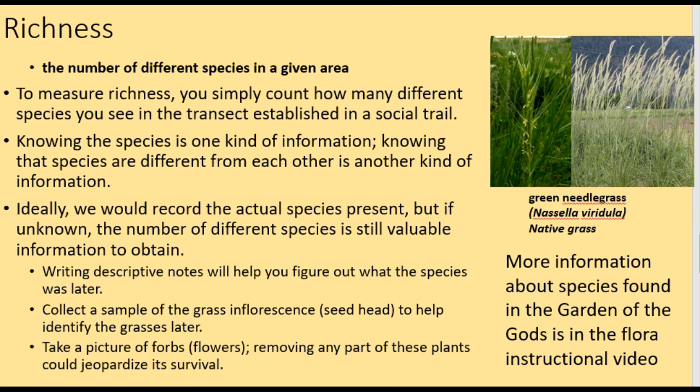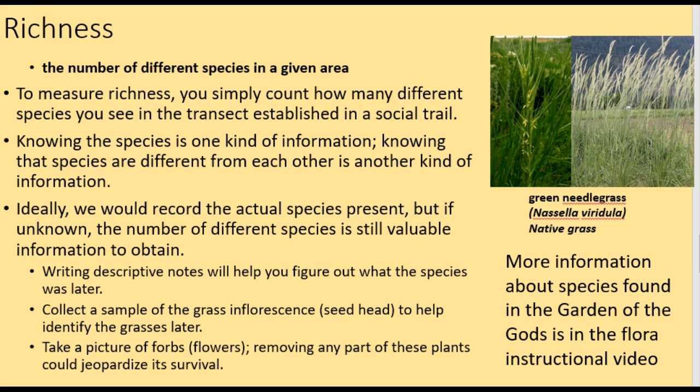So richness is the number of different species in a given area. To measure richness, you simply count how many different species you see in the transect established in a social trail. Knowing the species is one kind of information. Knowing that species are different from each other is another kind of information. Ideally, we would record the actual species present, but if unknown, the number of different species is still valuable information to obtain.